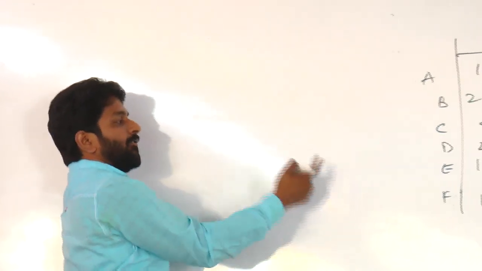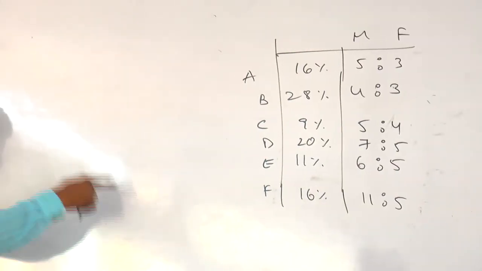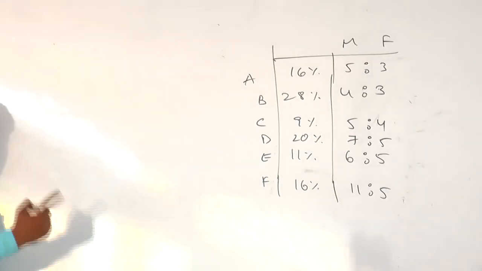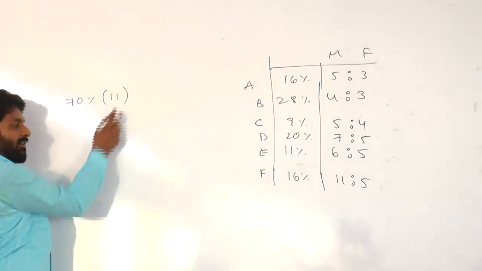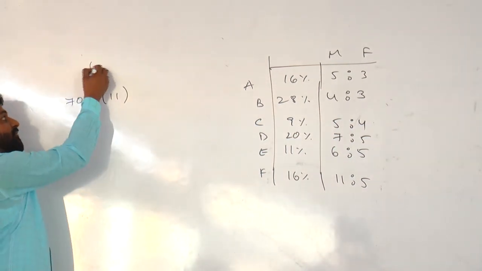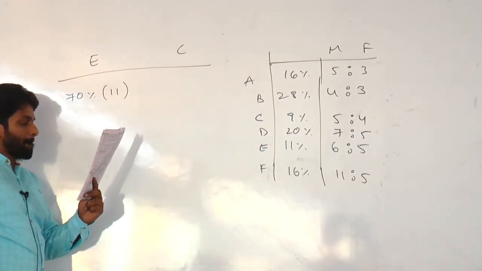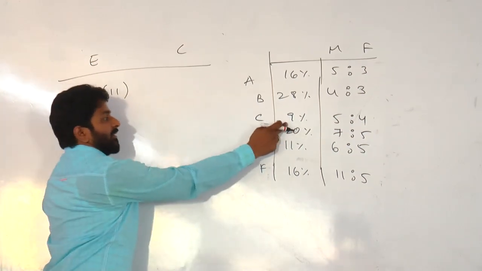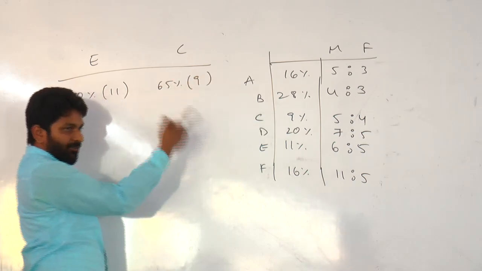From E, we have total 11%. Out of 11%, 70% are science graduates. So you need to calculate 70% of 11%. This is for E. And for C, 65% of 9%.